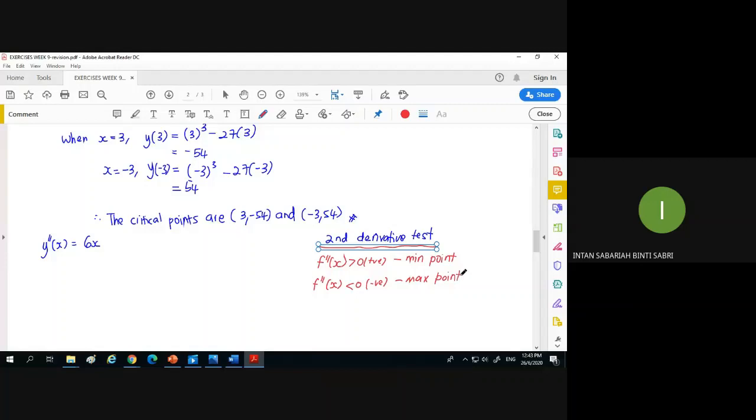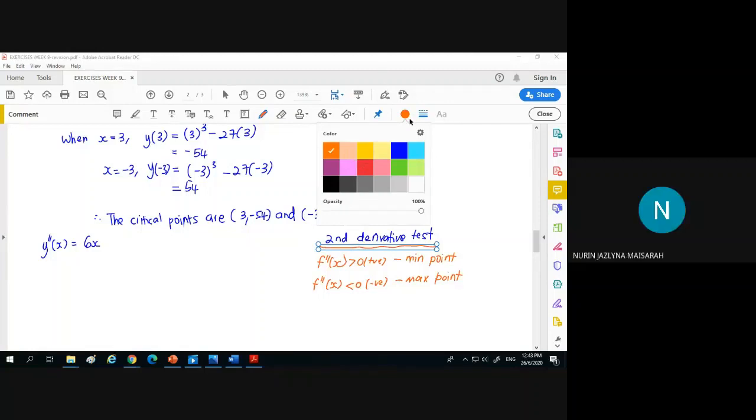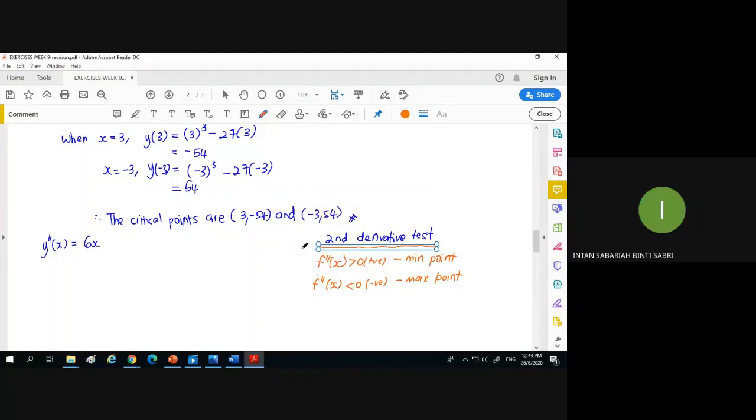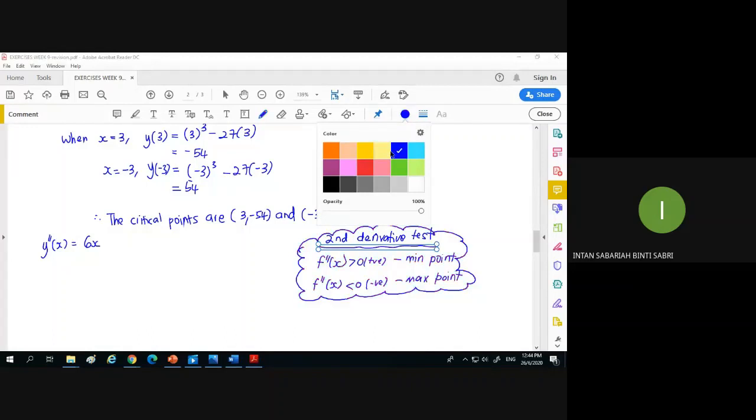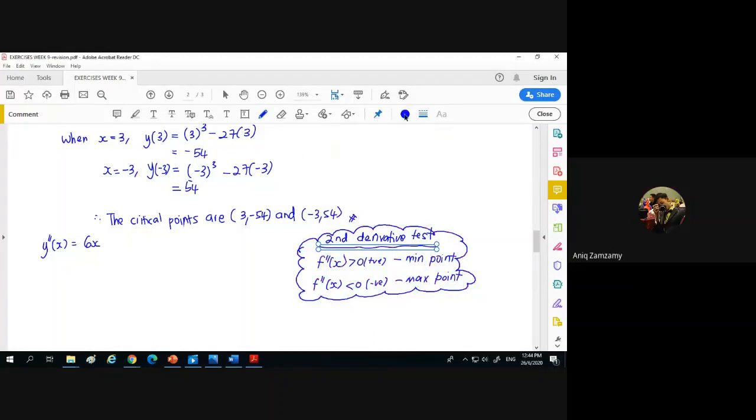Itu sahaja for second derivative test. Okay? Clear? Yeah. Okay, good. Macam mana nak guna second derivative test ni?